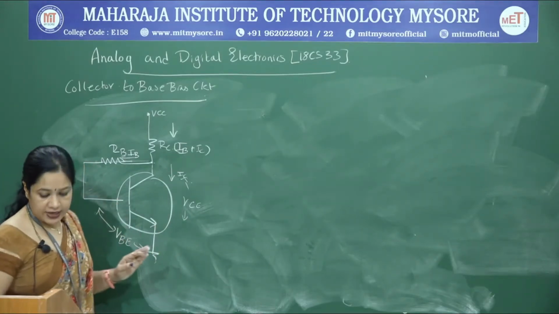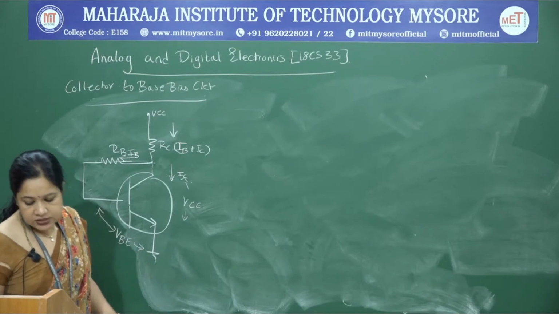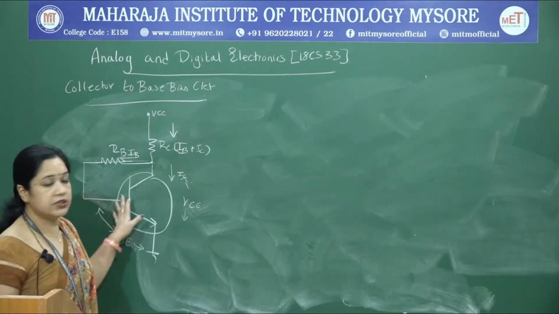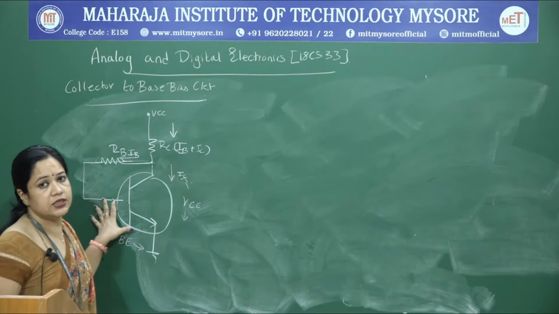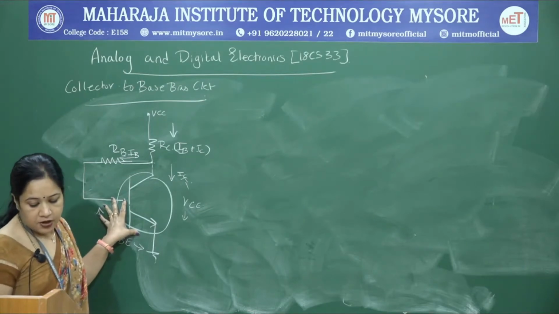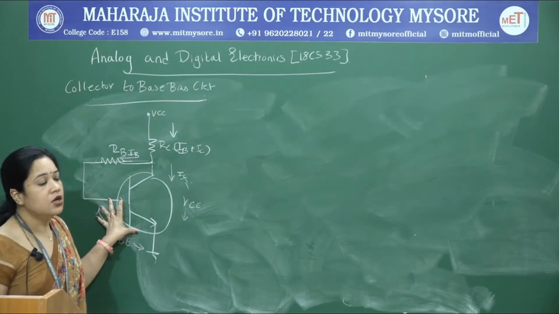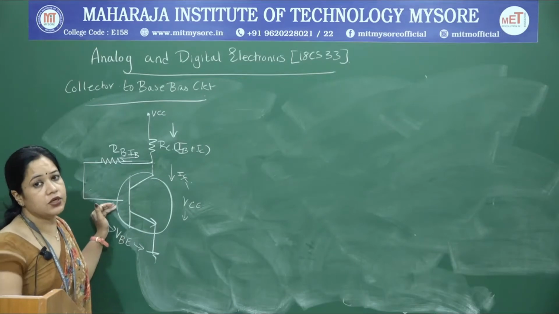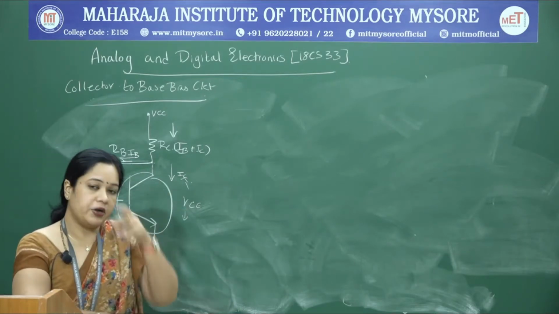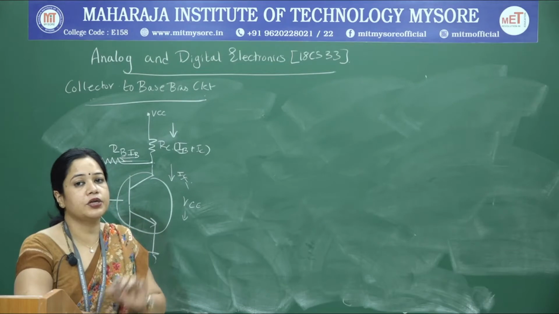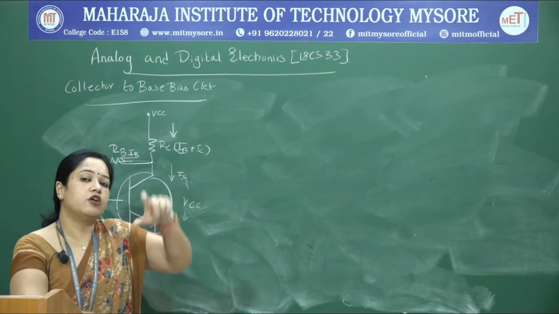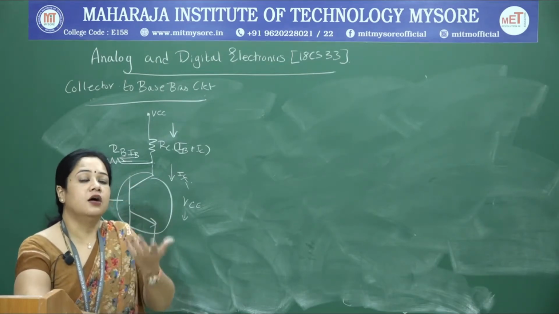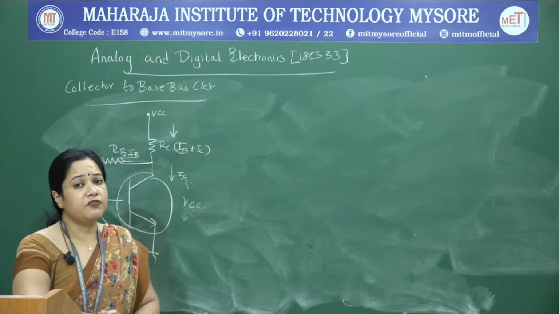Now we will try to analyze this circuit. The analysis of the circuit in the presence of DC alone, in the absence of all AC input signal, we call DC analysis. When I say analysis, we are trying to locate the operating point. What is the operating point? It is a point in the middle of the active region wherein faithful amplification is done.